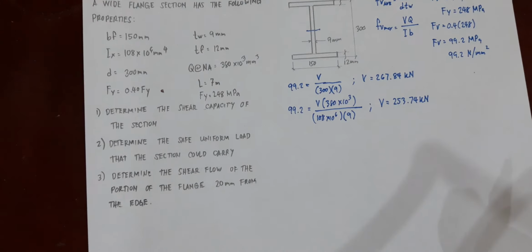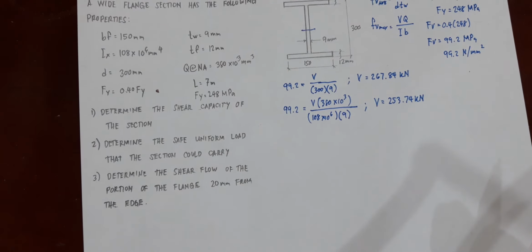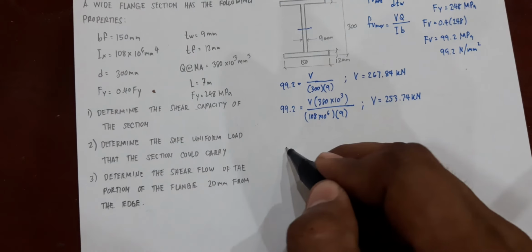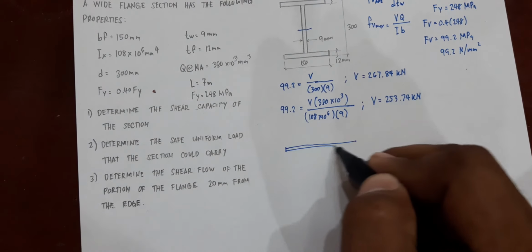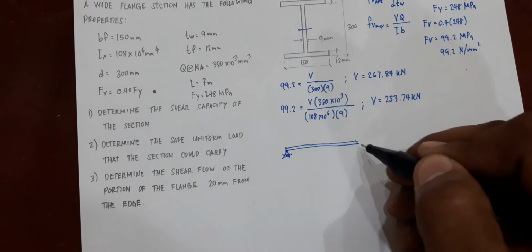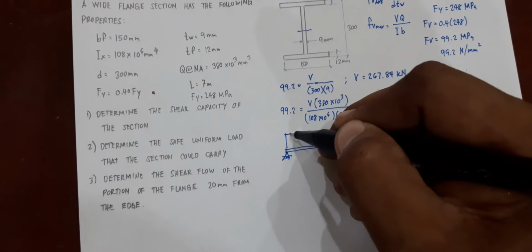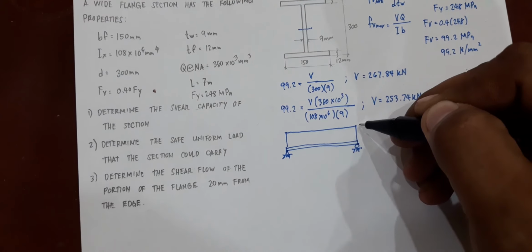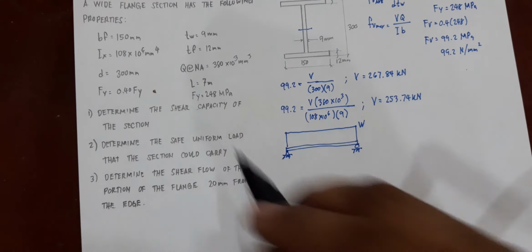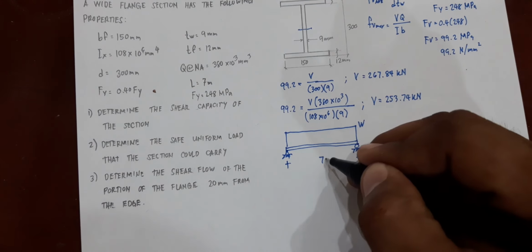Okay, next is your maximum allowable load. For number 2, determine the safe uniform load that the section could carry. So, safe uniform load based from our theory of structures, if we have your beam to be simply supported and it is carrying a uniform load, let's say the uniform load is denoted by W. Then again, from our problem, your span is 7 meters.